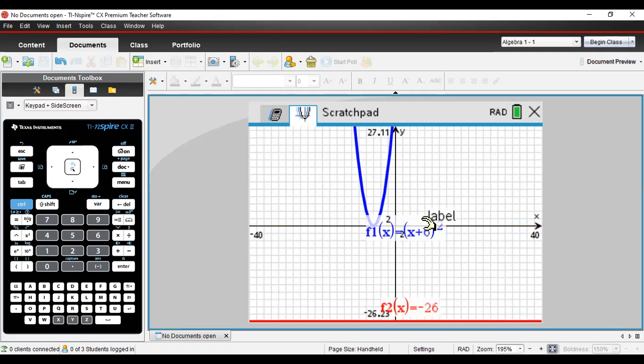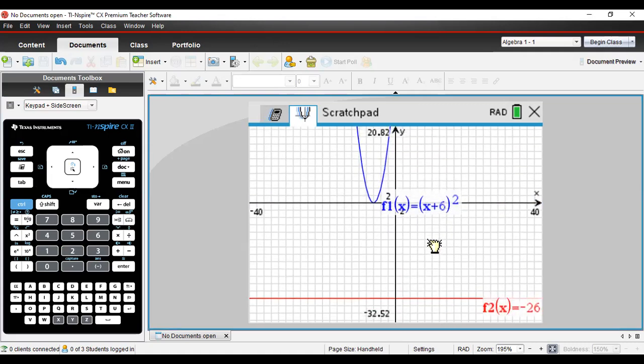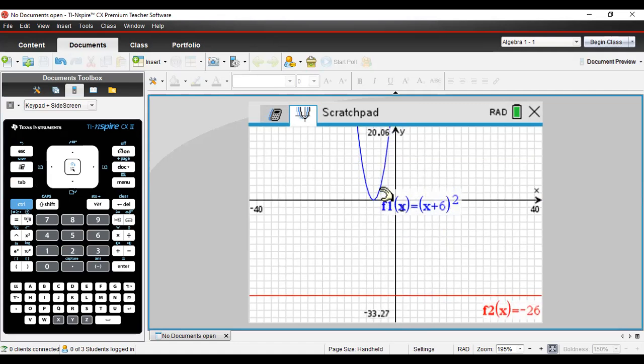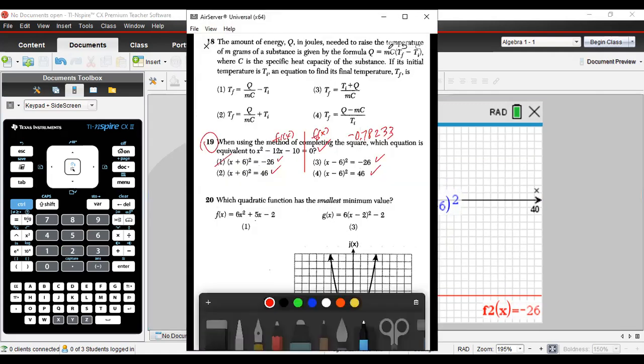Now I can see right away that this doesn't have a solution because there is no intersection between the blue and the red. So I know that choice 1 is not the answer. There's no use of me trying to do menu 64 when I can see that there's no intersection. So I can go back here and cross this off.